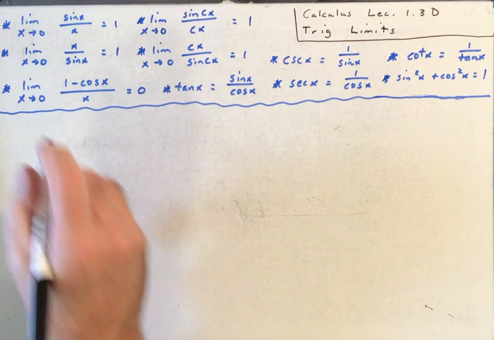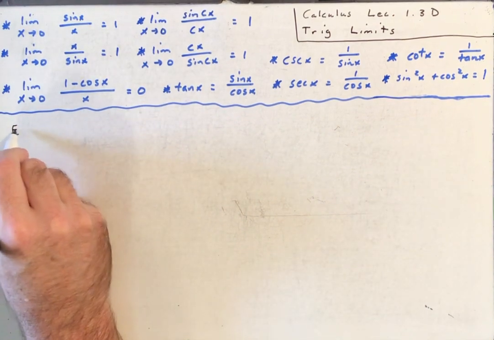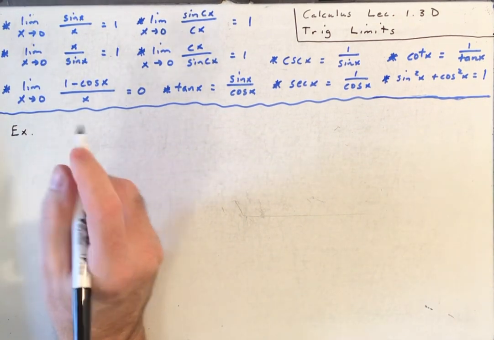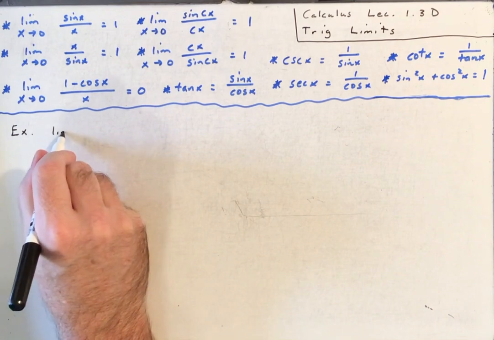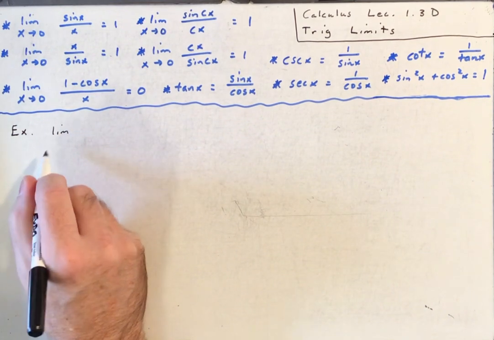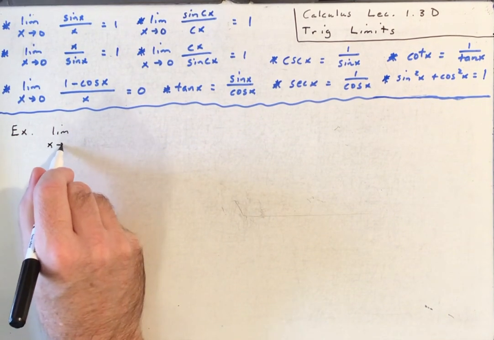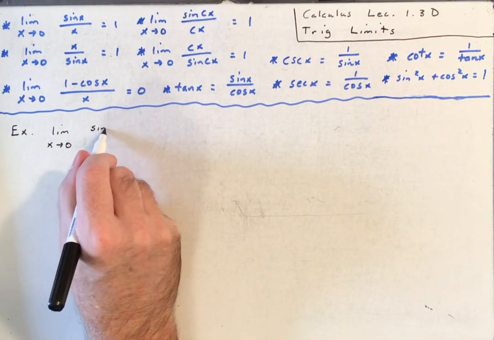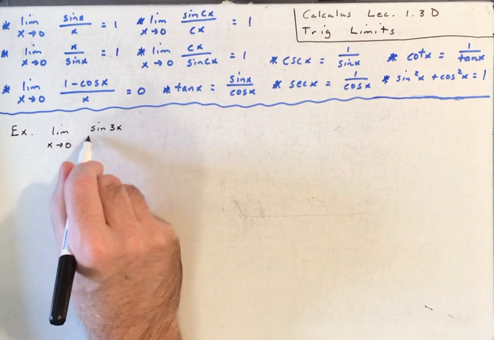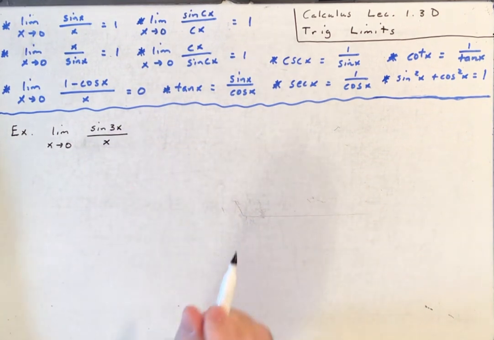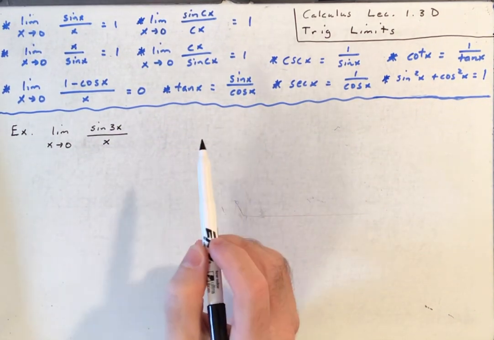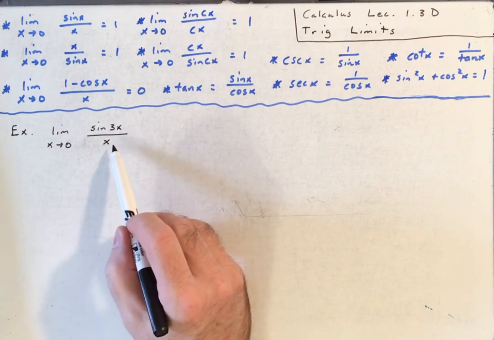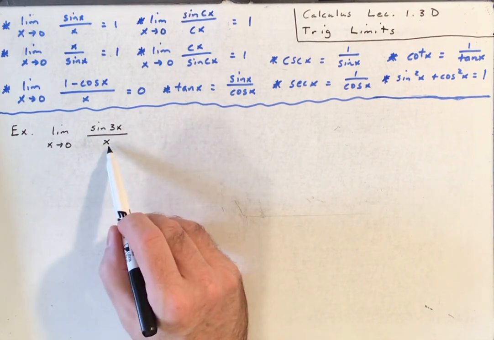So our first one, let's say we want to evaluate the limit as x approaches 0 of sine 3x over x. Now that's not exactly what I need, is it? Because I've got a 3x on top and just an x on the bottom, and I don't have a formula for that.